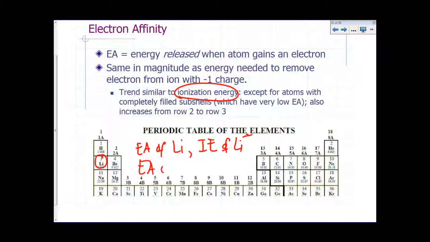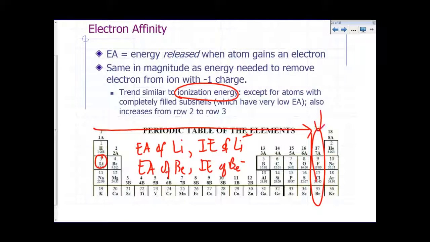And the EA of beryllium is going to be the ionization energy of beryllium with a negative 1 charge. So in effect then, remember, ionization energy increases left to right. We have to stop at the halogens. This time around, it's the halogens that are going to have the highest electron affinity. So electron affinity increases going left to right.